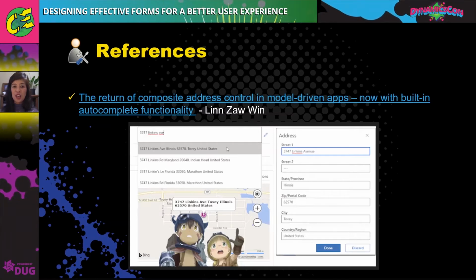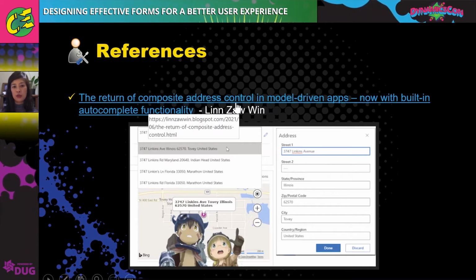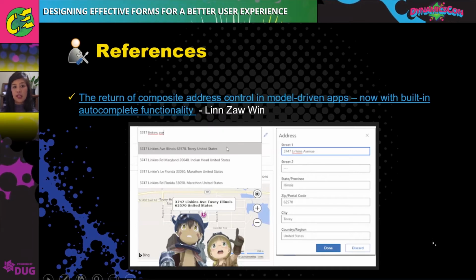But when UCI came, that disappeared and was gone. But now recently it was introduced again in field service, and you can achieve the same with other applications by following what Lynn has documented in this article. So have a look at that. It also now has a built-in autocomplete functionality, as you can see here.